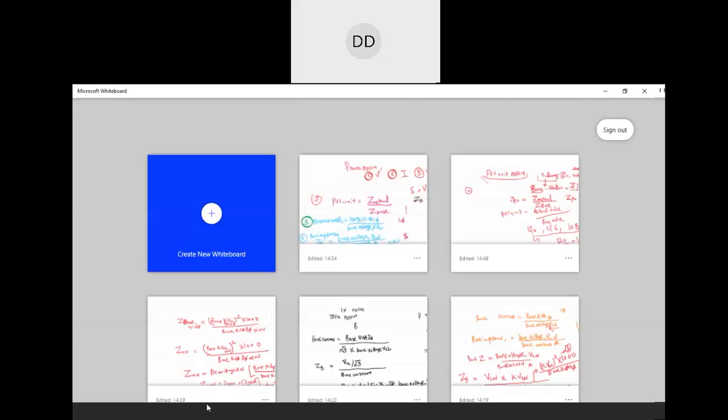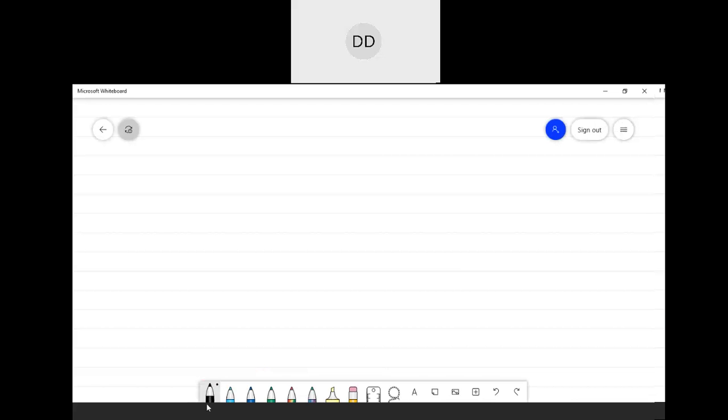Now let's go for the three phase system. As far as the three phase system is concerned, you will do the same thing. Your base current in the case of three phase would be equal to base KVA three phase divided by root 3 into base voltage, because now you are taking the line voltage and you have to express KVLL.